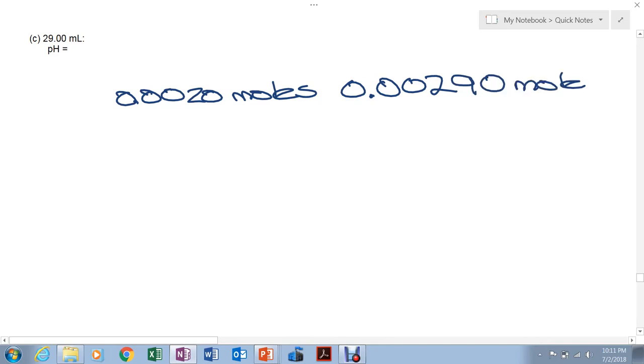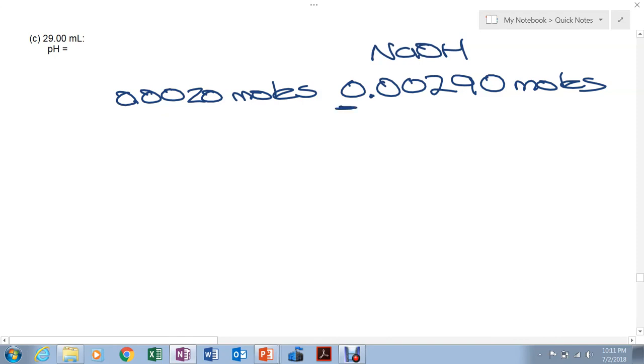So you know you got an excess of NaOH, and that's what you're going to have in the solution, hydroxide. Hydroxide in bigger amount is a basic solution.